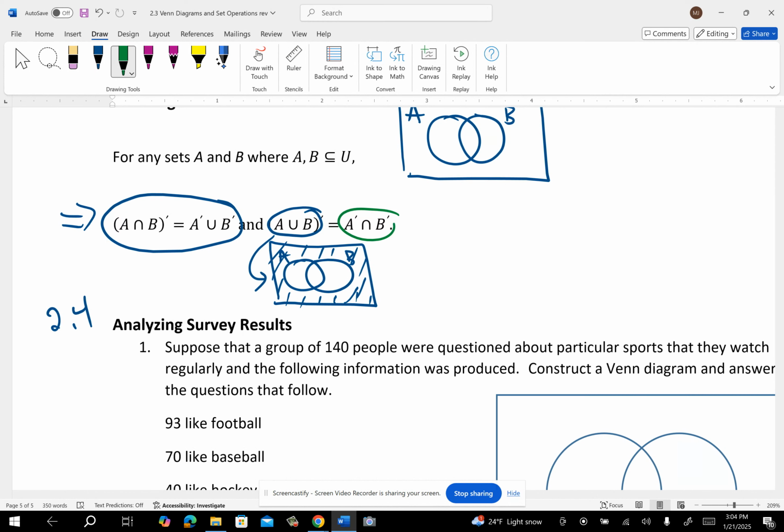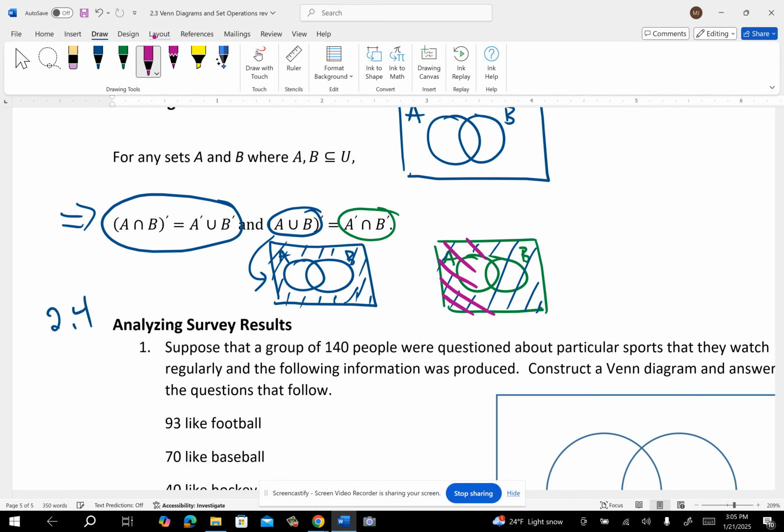Now in green, let me try to get the intersection of the complement of A and the complement of B. So here's my set A and set B. The complement of set A would be here, outside circle A. The complement of set B, I'll do in purple, would be here, outside of set B. If I want the intersection of those two, I'll do that in green.